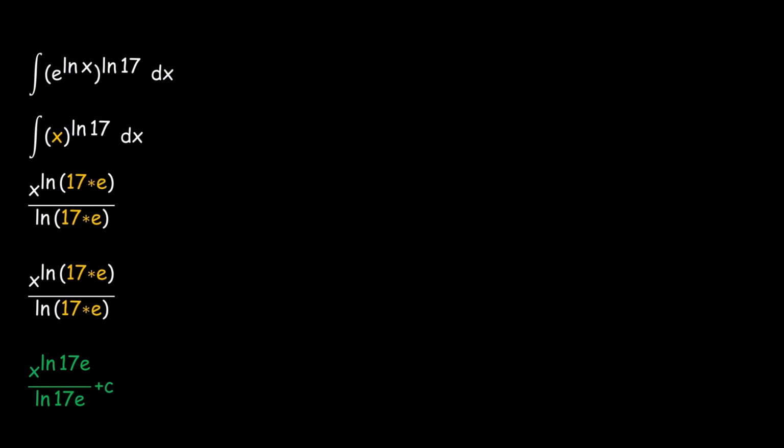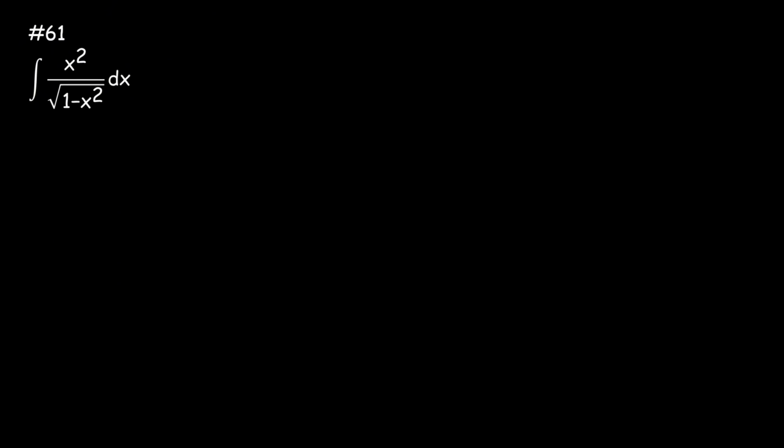Question 61. We have the integral of x squared over square. Question 68. Integral of x e to the power negative x squared. We can see that that power is actually interesting. If you differentiate it, it will give you x.